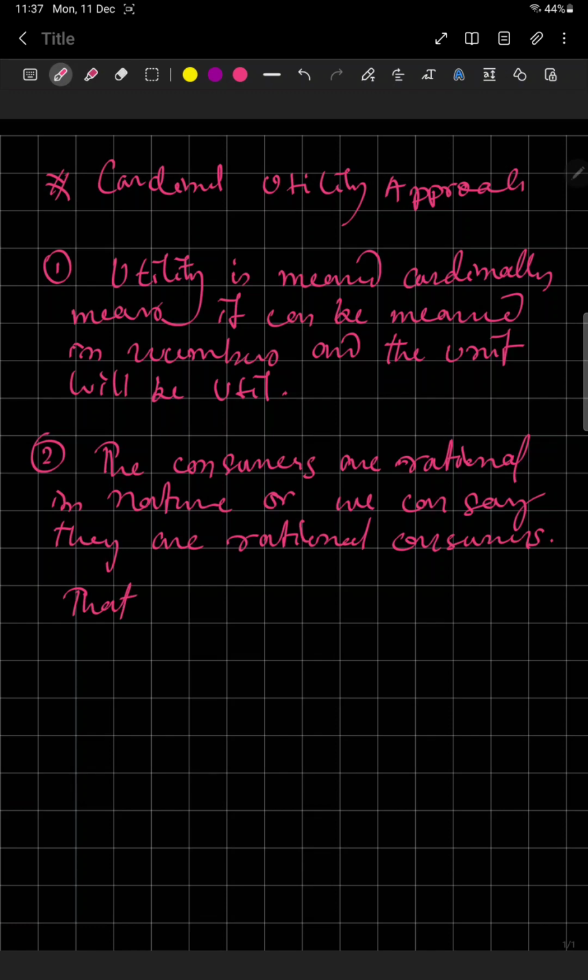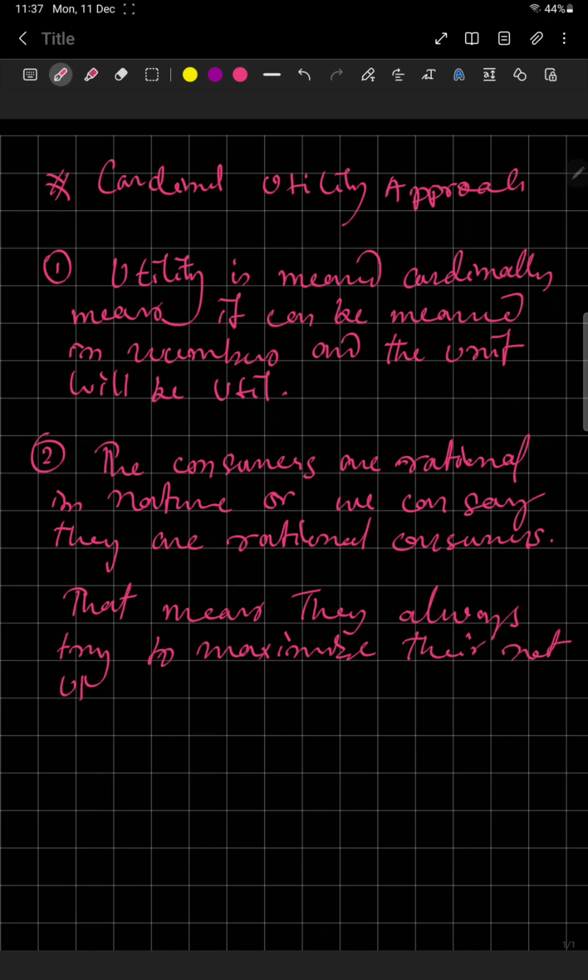That means they always try to maximize their net utility or utility.